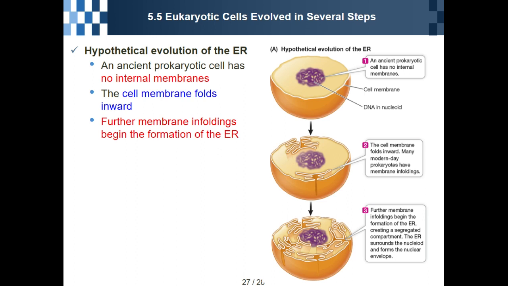Usually the prokaryotic cell doesn't have the internal membrane, but some cell membrane pulls inward. Then further membrane unfolding happened. So maybe this structure became the ER, RER or SER.